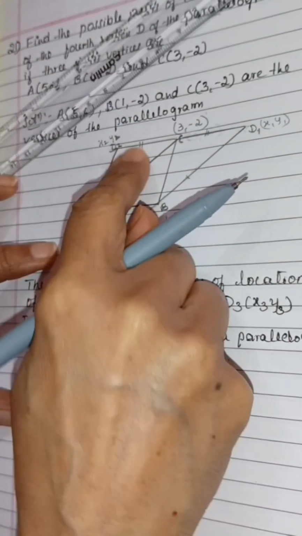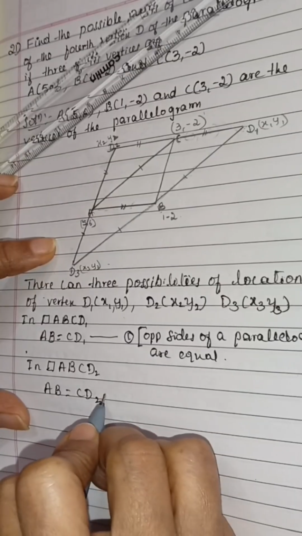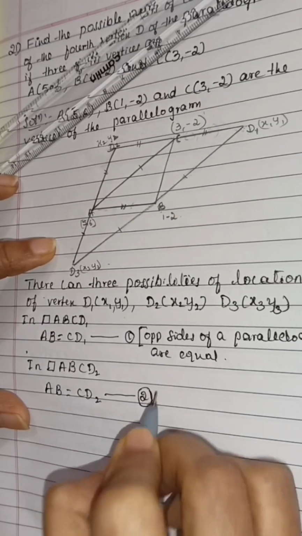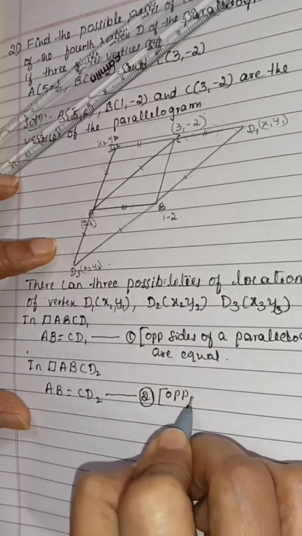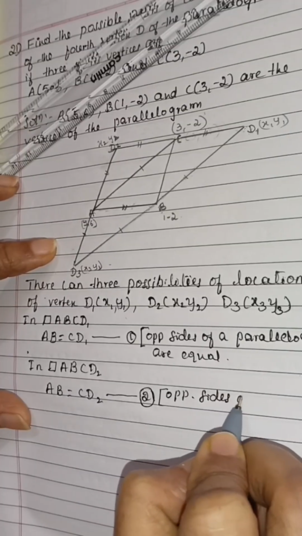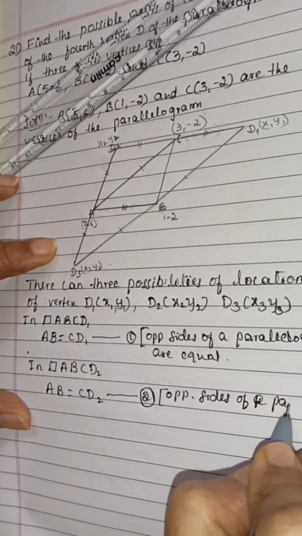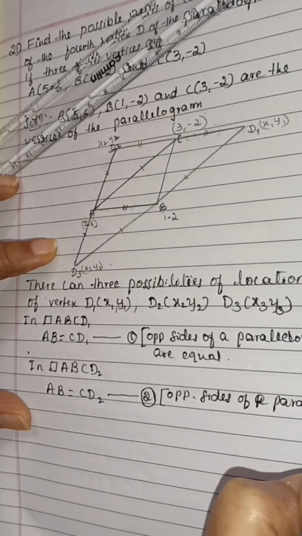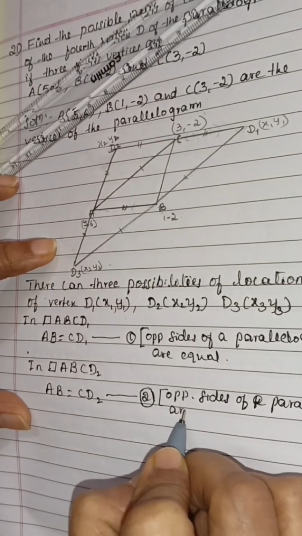Let this be equation number 2, because opposite sides of a parallelogram are equal.